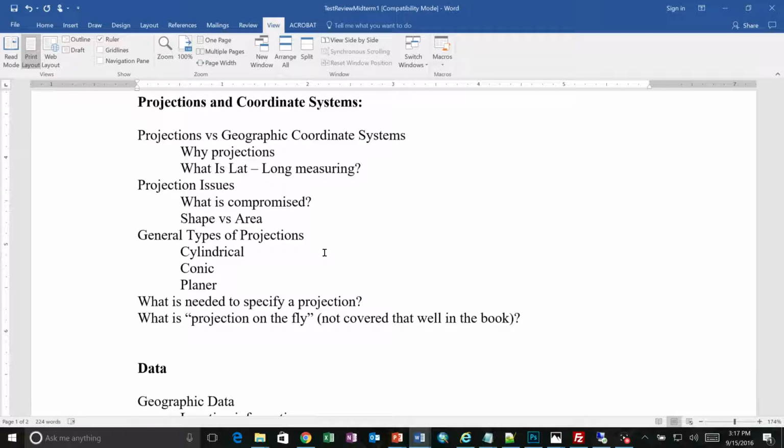Okay. What is a projection on the fly? This is not covered that well in the book. This was a question that was in the labs, and we did talk about it at the very end of lecture. Remember when I was saying, okay, well, you can have this data that's in projection A and this data that's in projection B, and when you show them in ArcMap together, they'll show up together.